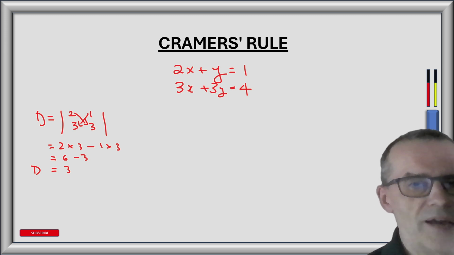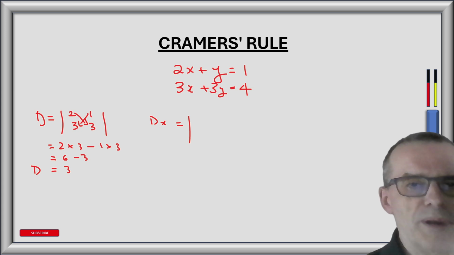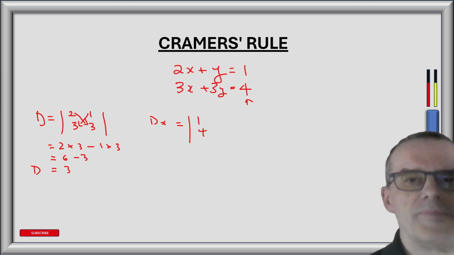The next thing we have to do is to work out the determinant of x. The determinant of x can be written as we replace the coefficients of x with the answer values here. So if we replace x with the answer values, we get 1 and 4, and we leave the y's as they are.